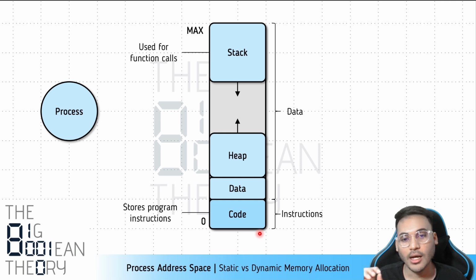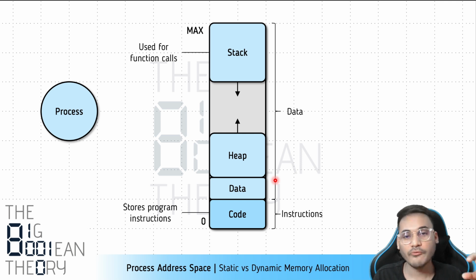It is only the code section where the instructions are stored, right? Apart from the code section, all the other major sections that are part of the address space store some type of data, right? The stack section is used to store the local variables, so the arguments and the local variables that are part of the function body, right? The stack is a place which stores the data that is local to the functions or the arguments.